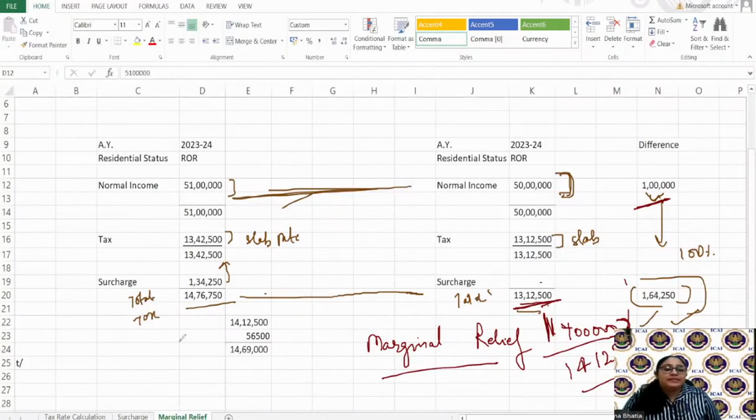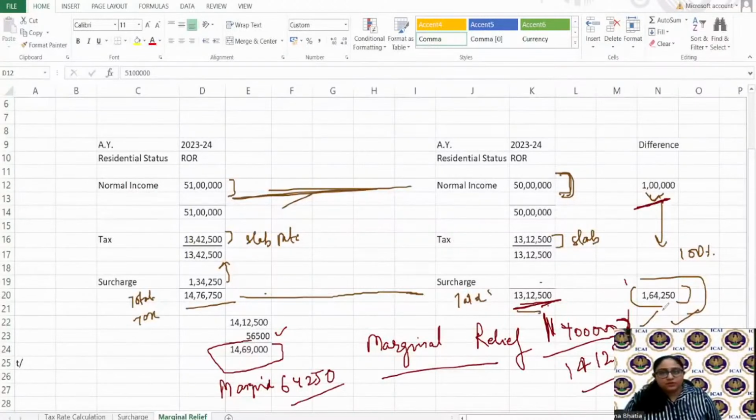Uspe I will apply cess of 4%, and total tax would come to 14,69,000. So can I say my marginal relief here is 64,250, which is the excess amount over the 100% tax on the income?